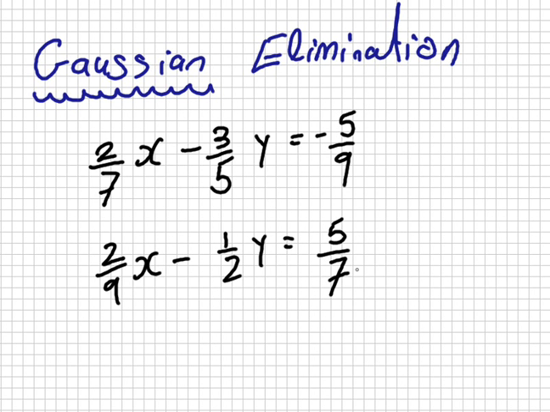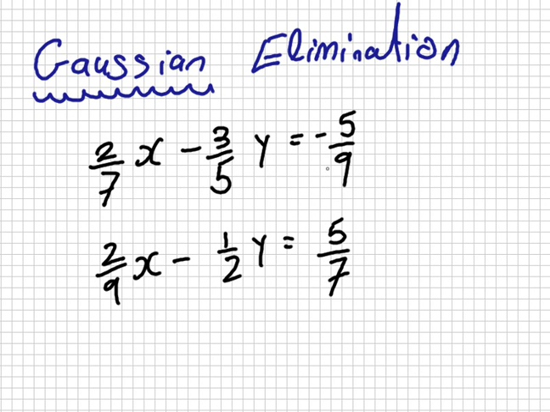If you use substitution, it'll be very messy because you have to rearrange and then sub it in. You have lots of fractions. If you use the elimination method, that's not too bad. But before you use the elimination method, you'll have to remove the denominators here. But Gaussian elimination works well when you have a messy one like this.